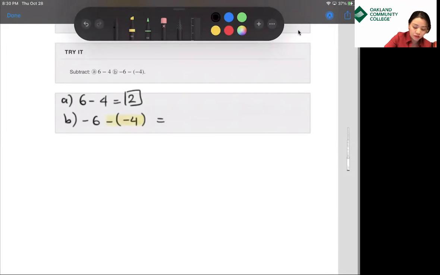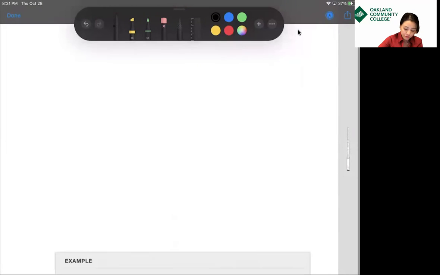This becomes negative 6 plus 4, because the opposite of positive 4 is negative 4. Or the fast way: if you see two minuses next to each other, that becomes a plus. So negative 6 plus 4 is negative 2, because we have more negative than positive, so the sum will be negative.